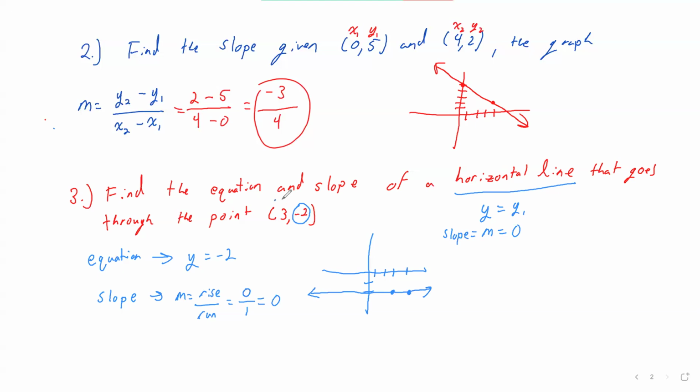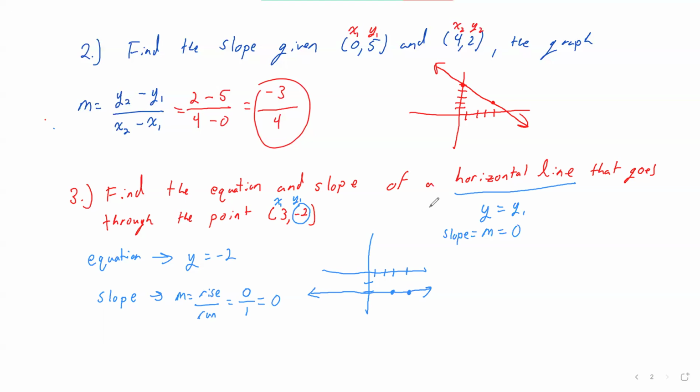So if I was still to label this, that was my answer to my equation. So you didn't have to graph this. The only thing you had to do was produce an equation and a point. And this would be one of those questions I would say is like a definition-based question. There's not much math going on, but I just want you to know, do you know that a horizontal line is just y equals the y value? And then do you know the slope is 0? And that's all it's checking.